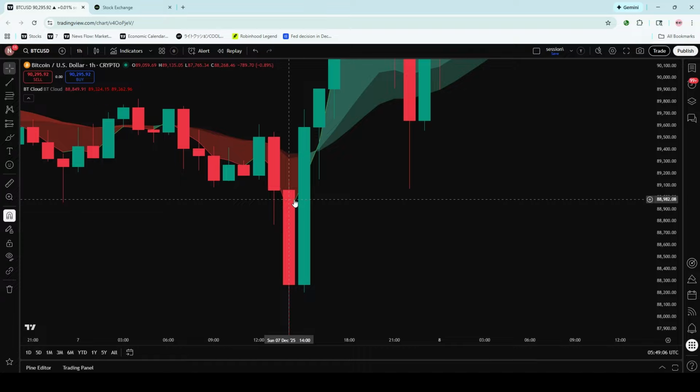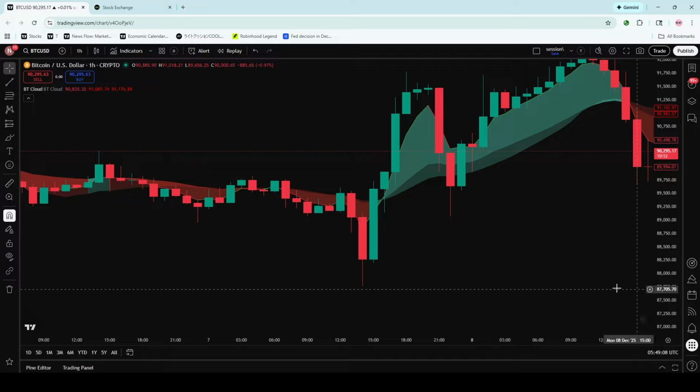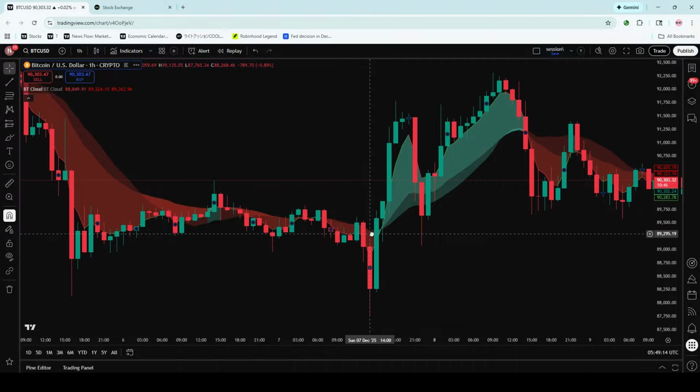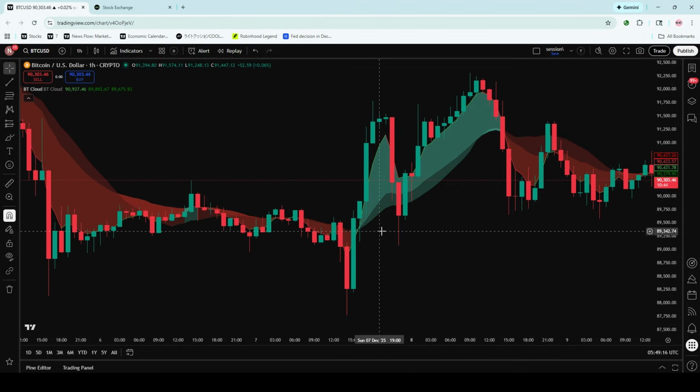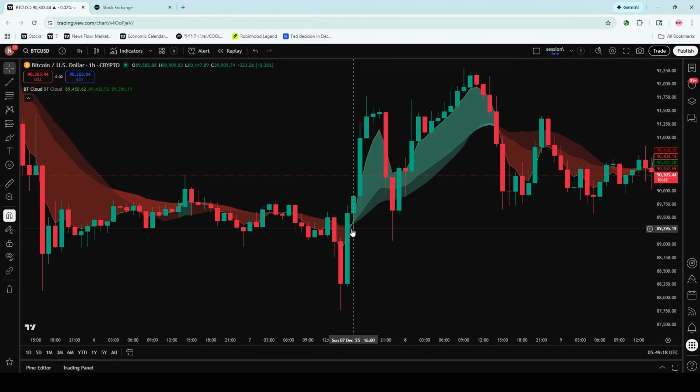So once you see that line flip and then you see a big volume candle like this, like a bullish engulfing candle, and then you see support starting to build, that can be your leading indicator to jump into some calls here before the BT Cloud fully flips.